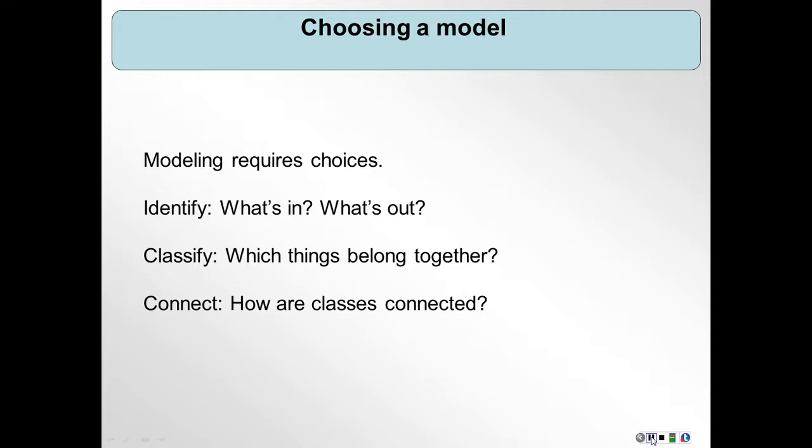Finally, the third choice we have to make: how are classes of things connected? How are outputs, objectives, outcomes, inputs, all the different classes of things we put in our model, connected? This is based on what you, as the evaluator, and others, believe the program is doing. It's based on a theory of the connection between these things.